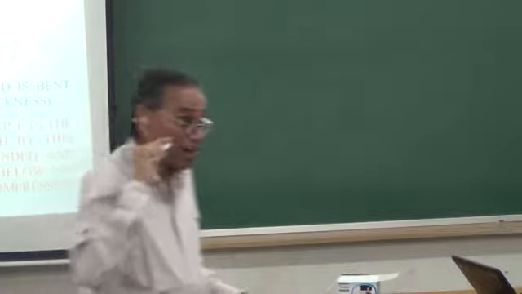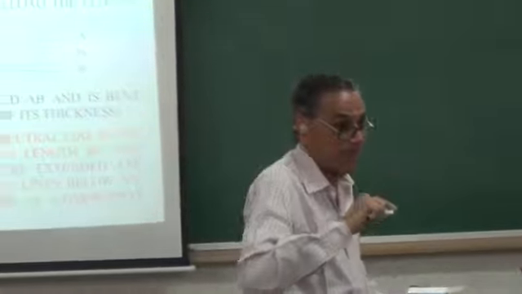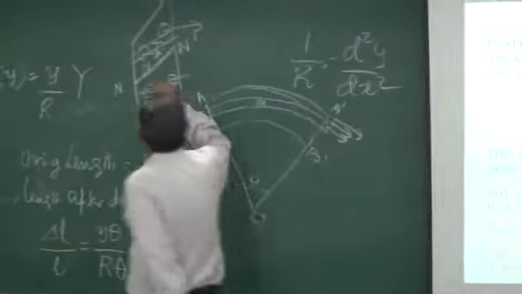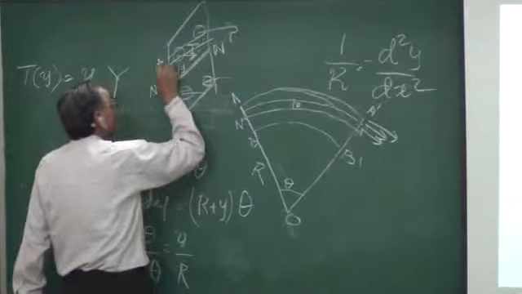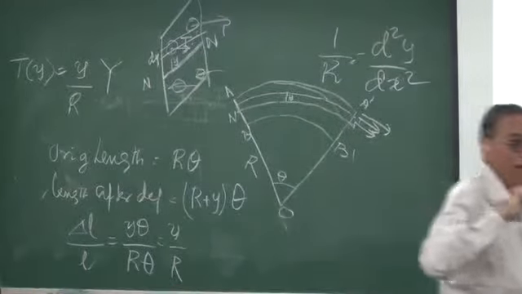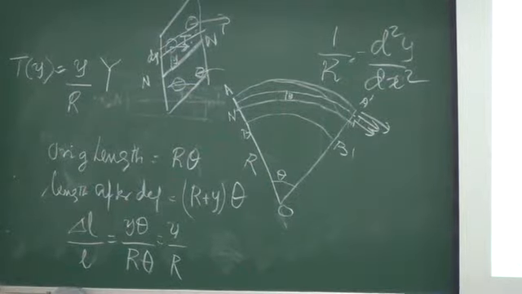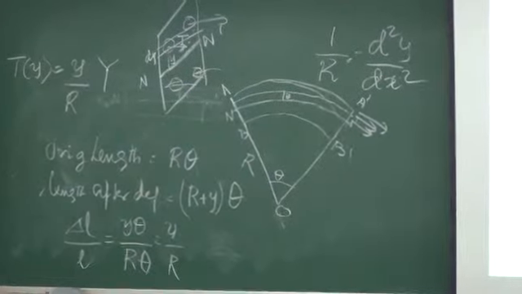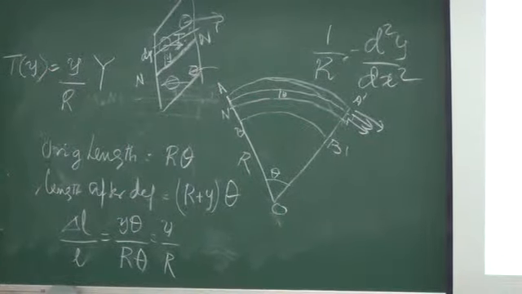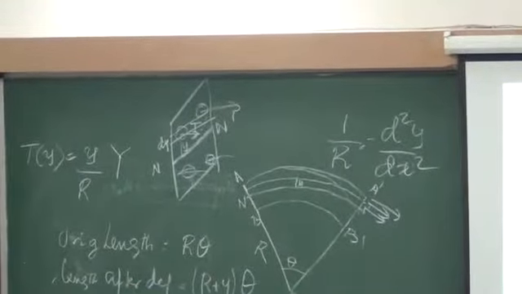You take along the breadth a rectangular section of width dy, at height y above the neutral line. At every point on this rectangular strip, strain is the same because all points are at a height y above the neutral line.